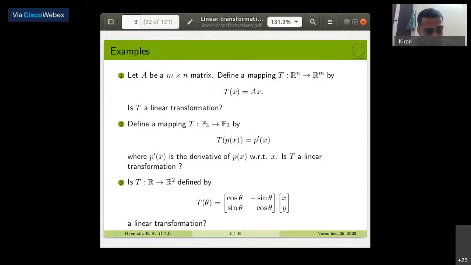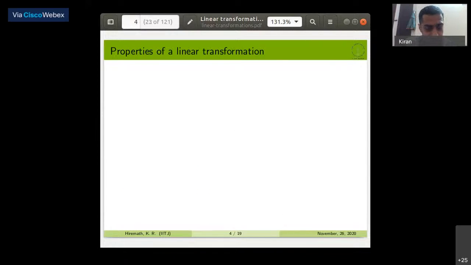Unless you know the properties of those functions, it's very difficult to see whether we can use the basic definition or not. So that demands that we probe further and see what the special properties of linear transformations are. That brings us to further study of linear transformations.